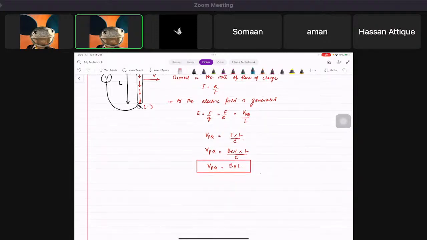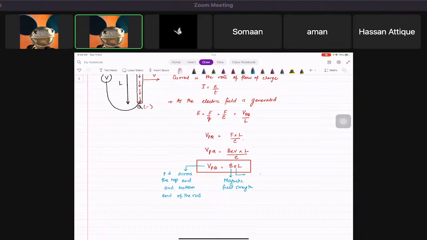Alright, so this would be the potential difference across the top end and the bottom end of the rod. This is basically the magnetic field strength.